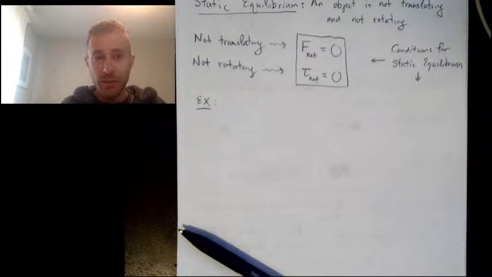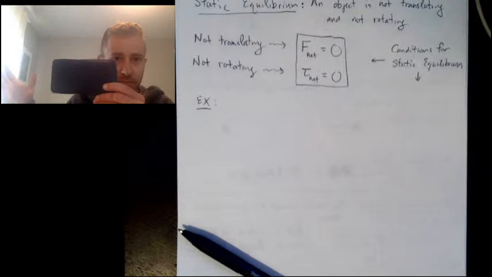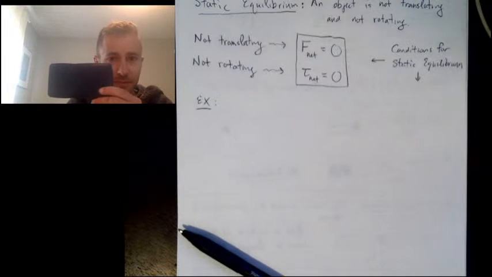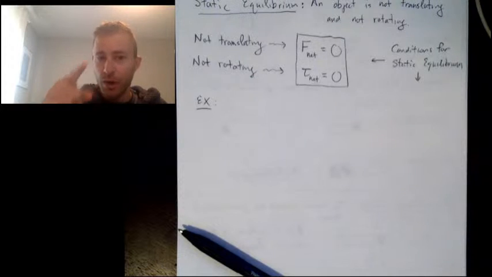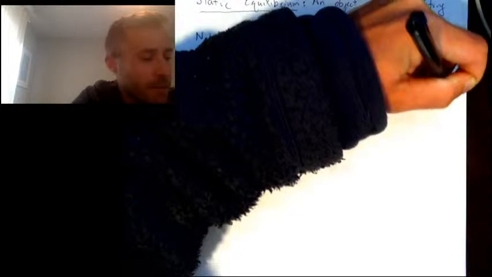If you have static equilibrium, then the entire object is not moving. So every point is the pivot point. So you get to choose where you want the pivot point to be.